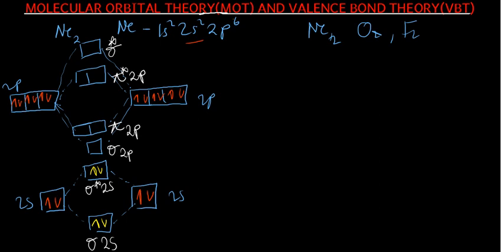Now if we go to the 2p and then 2p, there are 6 electrons, there are 6 electrons, giving us a total of 12 electrons. So we are going to fill those 12 electrons starting with the lowest energy. So remember there are 12 electrons present. So we have got 1, 2, 3, 4.